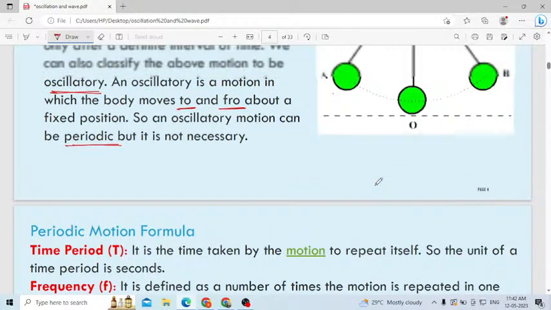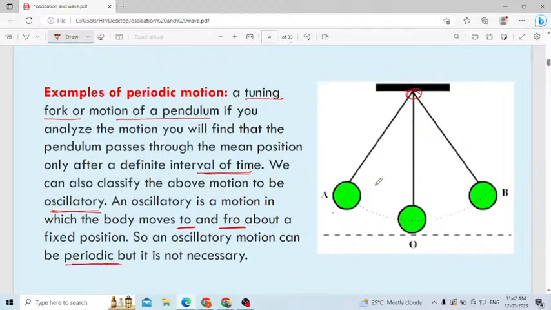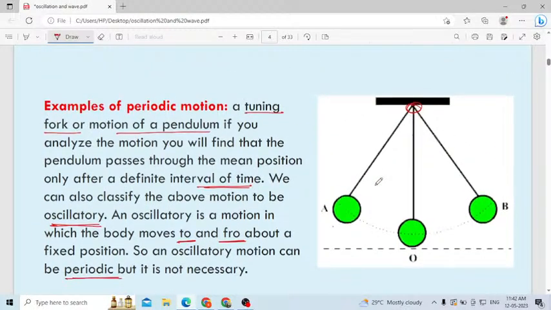Understood, everyone? You might ask, ma'am, you told in the beginning that the oscillation of a simple pendulum is periodic, but now you are saying it is not periodic after some intervals of time. At the beginning, when you start oscillating this bob, it has more energy, and then the oscillation is periodic.